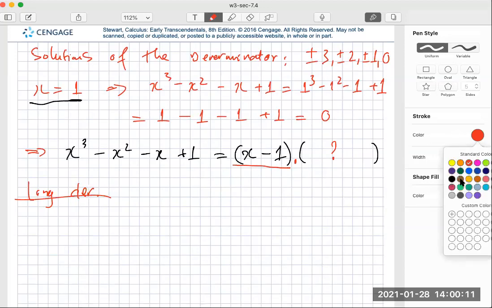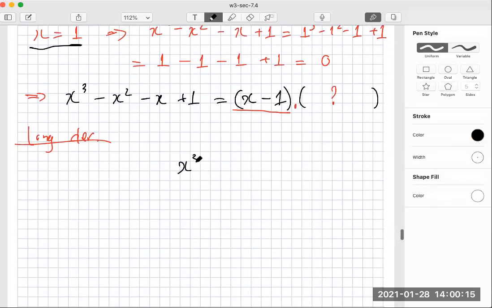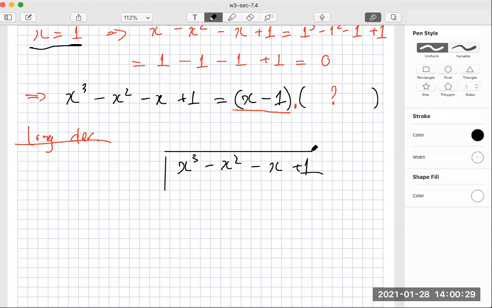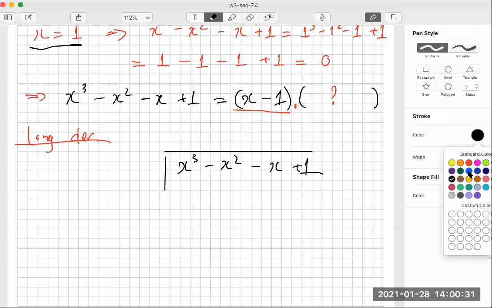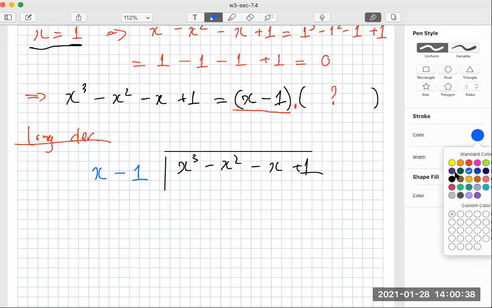So in long division, we want to divide x cubed minus x squared minus x plus 1 by the denominator. In this case it will be x minus 1.